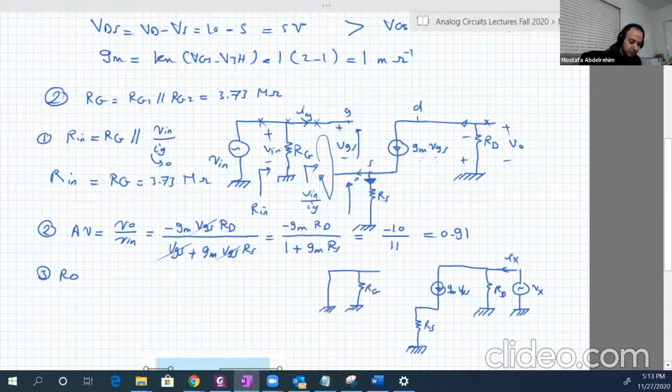Here is RG. Remember, here is VGS. So what happened? RG is in parallel with a short circuit, so it will be shorted, right? So we can just remove it, let's draw it again. So this will be something like this.